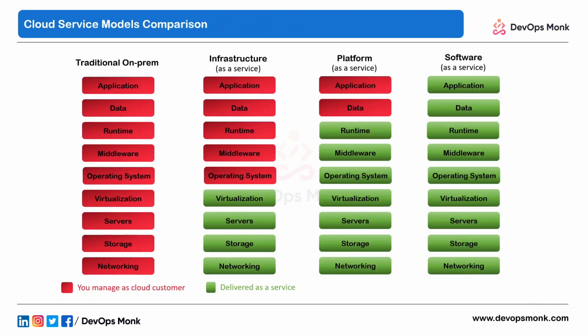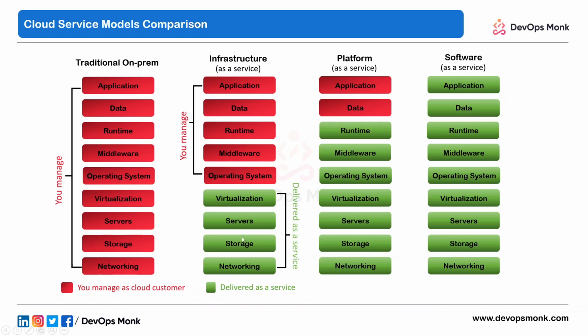Here is a quick comparison to help you grasp the different cloud service models. In a traditional on-premise data center, we have to handle everything: setting up, maintaining, and managing all these layers. In the infrastructure as a service model, cloud service providers take care of the physical layer like servers and network. We are in charge of the OS, platform, and our application and data layers.